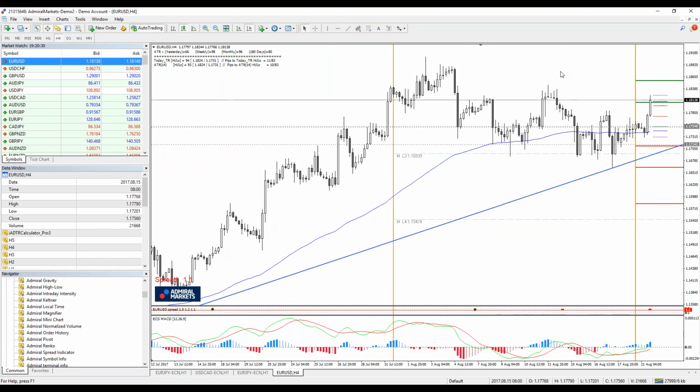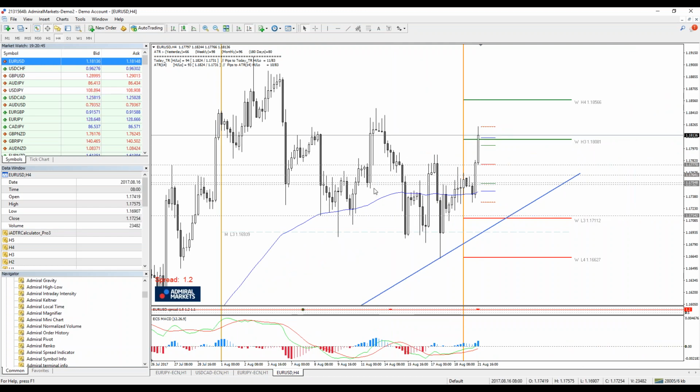Here you can see this was a previous order block. A lot of order blocks here. This is the main order block for euro dollar. And definitely you can see how euro dollar was supported here.